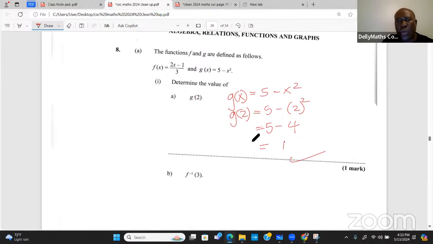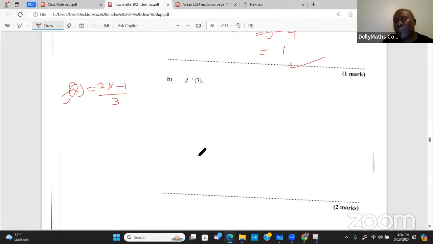The next question, we want to do the inverse of f of 3. So let me put the f function here. What we want to do, though, for a question like this is that you want to find the inverse of f first, and then we're going to input the 3 in it. So remember now, let y equal f of x, such that y is equal to 2x minus 1 over 3.